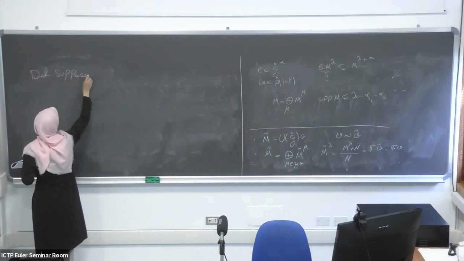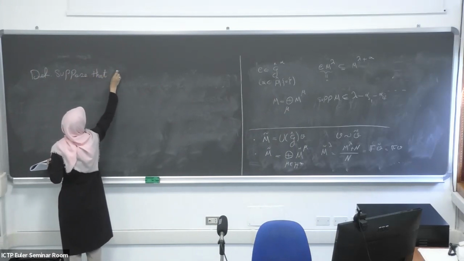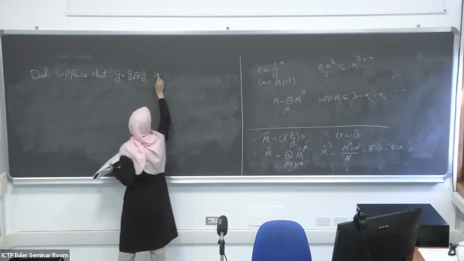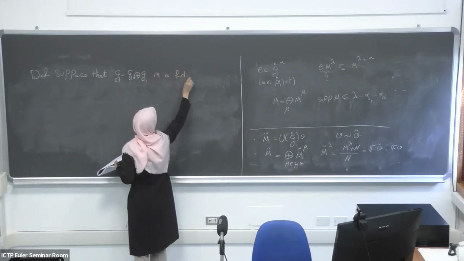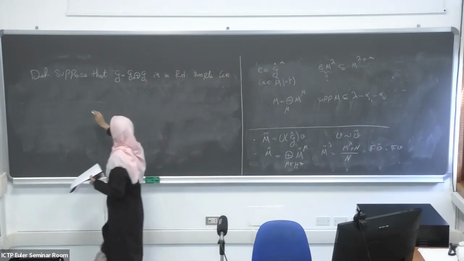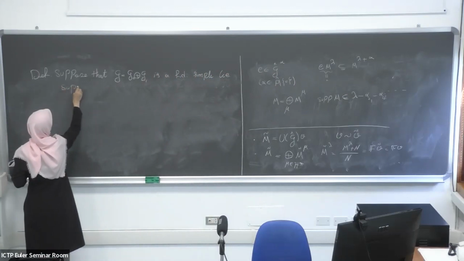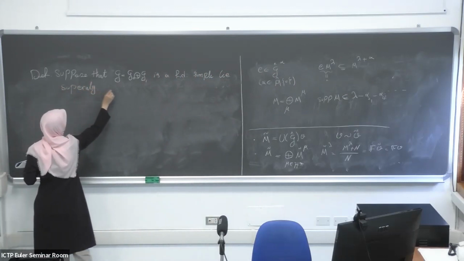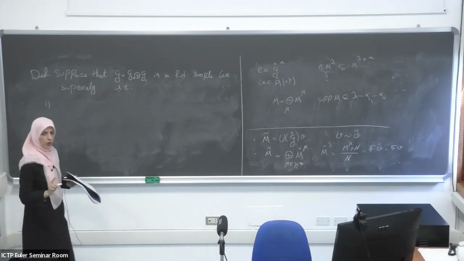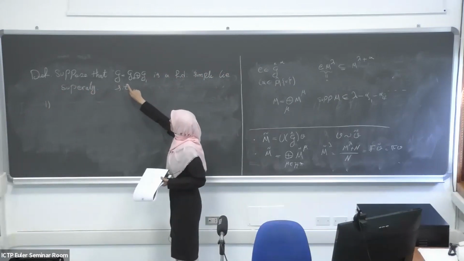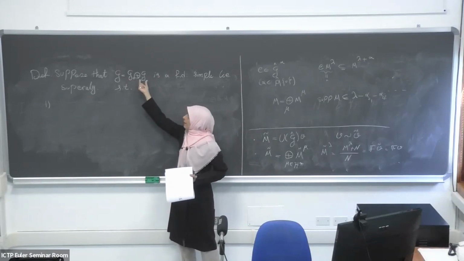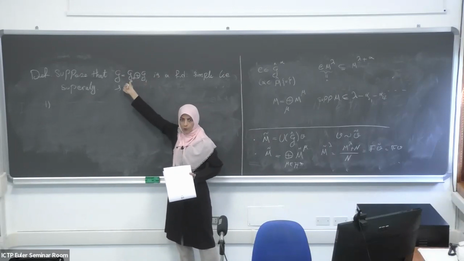Suppose that G is a finite dimensional simple Lie superalgebra, such that, you remember I told you when we have a Lie superalgebra, the even part is a Lie algebra, and the odd part is a module for the 0 part, right?